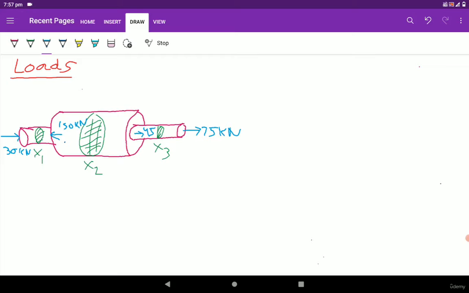We have already talked that for calculating any type of axial load, we will take the summation of load on either side of the cross section. On either side, that can be left hand side or it can be right hand side.